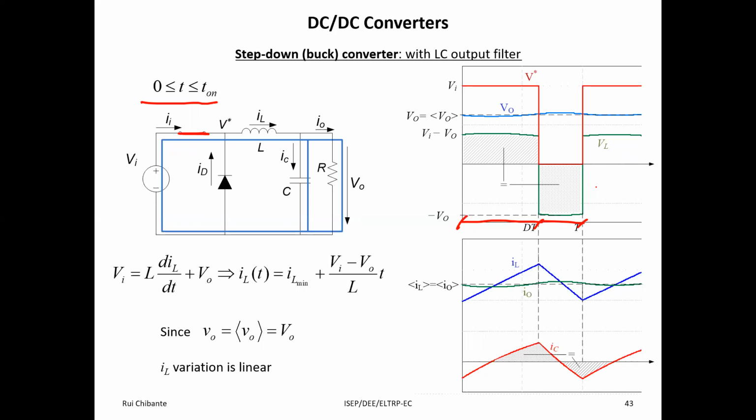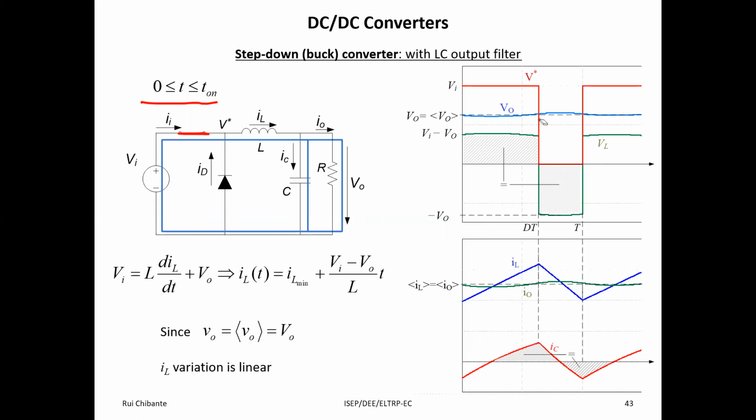Starting by analyzing these voltages and then the currents, what voltage do we have? The output voltage, but we are assuming that the output voltage is practically constant. That's the goal of this converter.